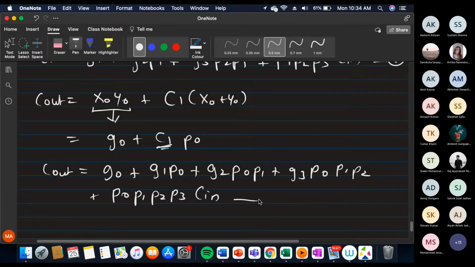I hope you are writing along with me. If you look closely, we are done with all our calculations. If you look at C out, what is required in C out? G0. What is G0? Can someone tell me? X0 Y0.